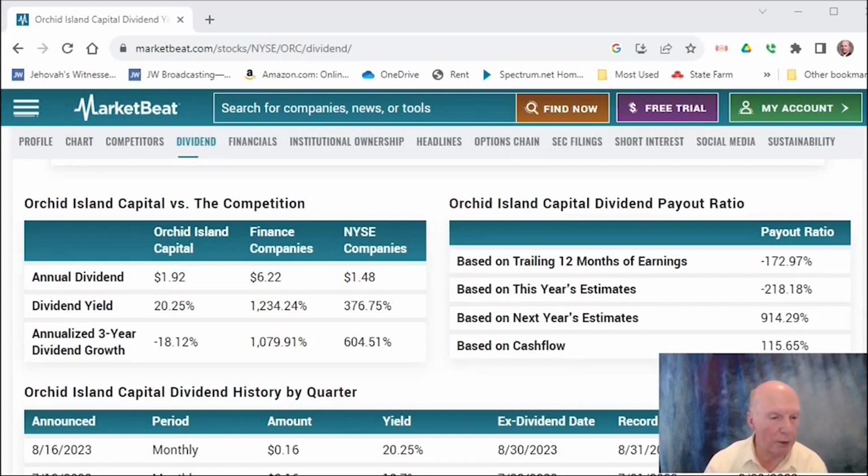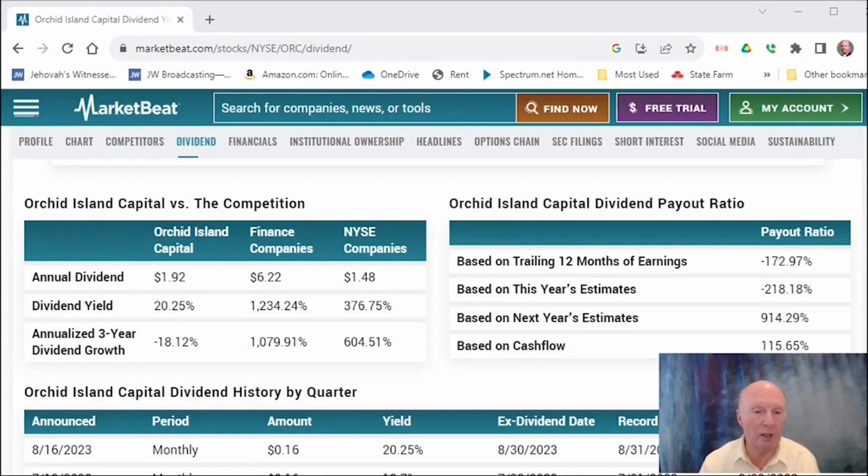They say it's 20.25%. So I'm just going to bring up a calculator over here, off screen where you're not actually going to see it, but I'm going to do the math just out of curiosity. So if I do 0.16 divided by 9.50, that's 0.016842. It's a monthly dividend, so I'll multiply that by 12 to see what the annual rate is, and now I get 20.21.